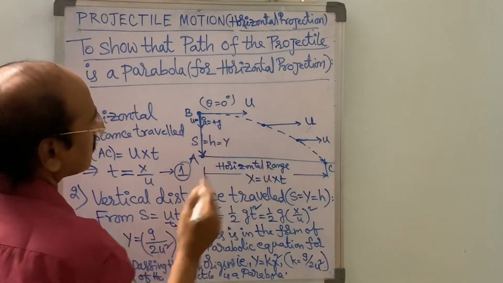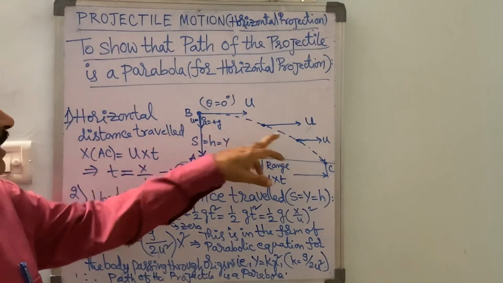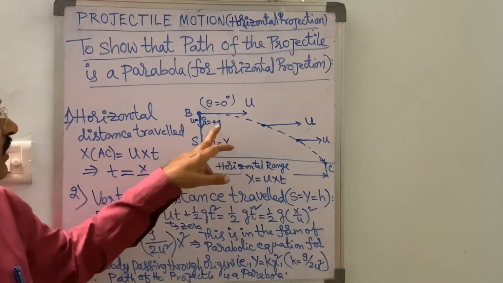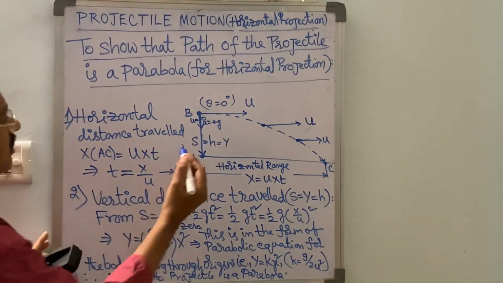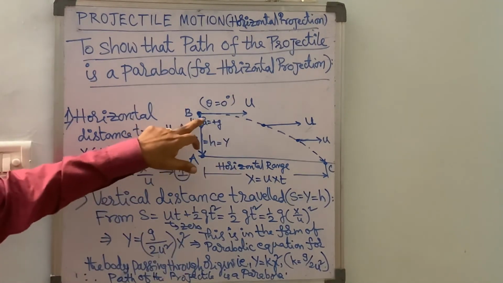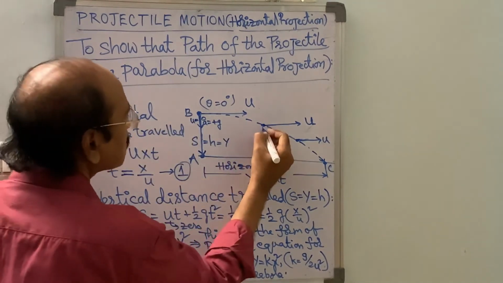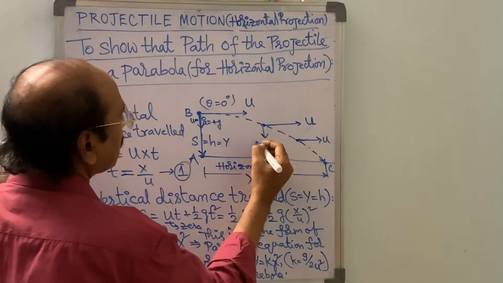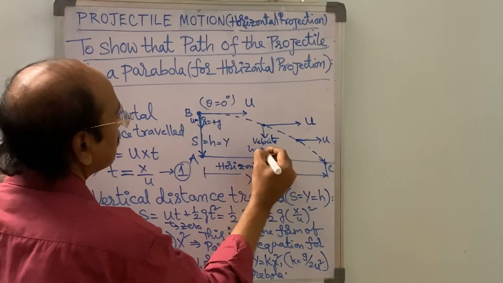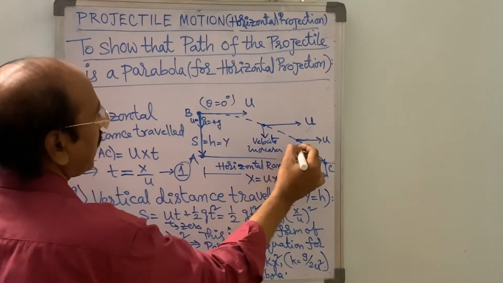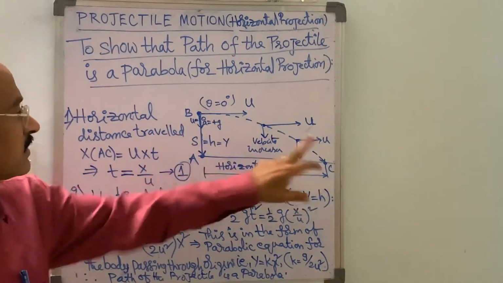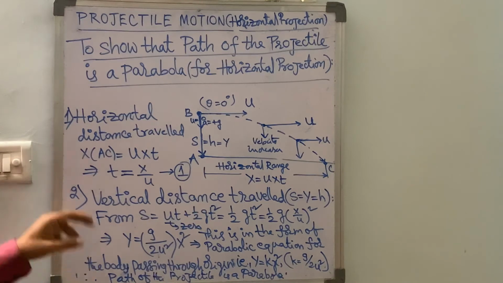When the body is moving in the forward direction, its horizontal velocity remains the same throughout its path and is not affected by g, but its vertical velocity is affected by g. So at the starting point, its vertical velocity is 0. As it moves down, its velocity increases due to acceleration due to gravity, from 0 to a certain value before touching the ground.